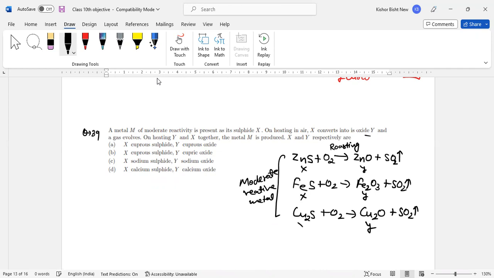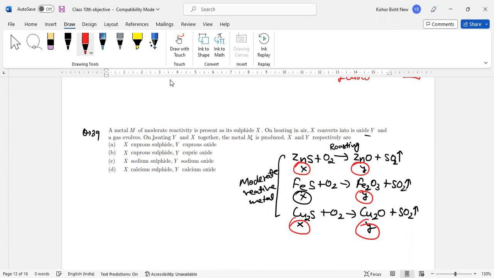I'm taking all together. A gas is evolved on heating X. On heating Y and X together, again the metal M is produced. So in which case are we heating together?